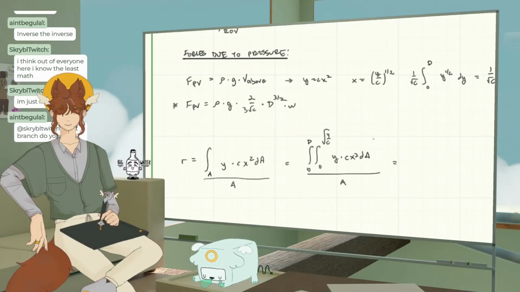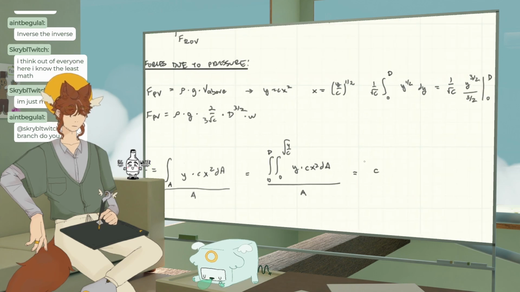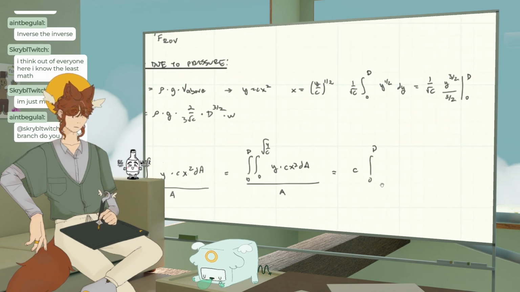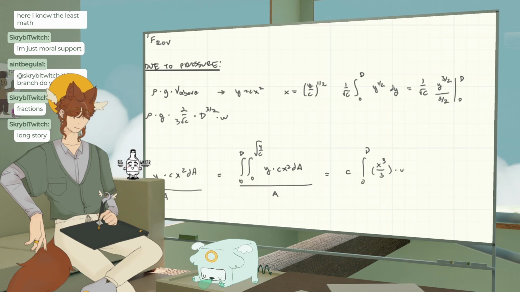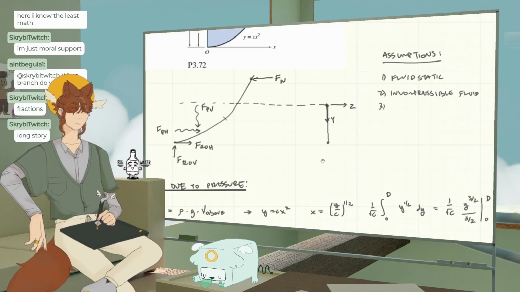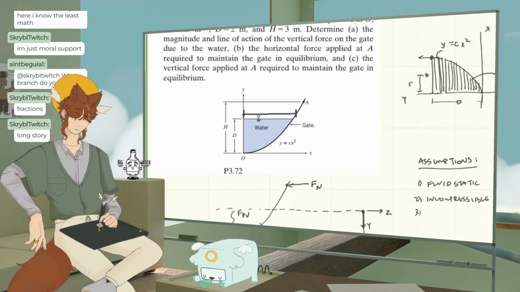Okay. That means we have to do x first. So let's just pull the c out. Let's start with that. 0 to d. And then we get x cubed over 3 times y. Sorry, this is dx dy. I feel like it would be better to do y first, but I don't really understand what our bound would be on y.